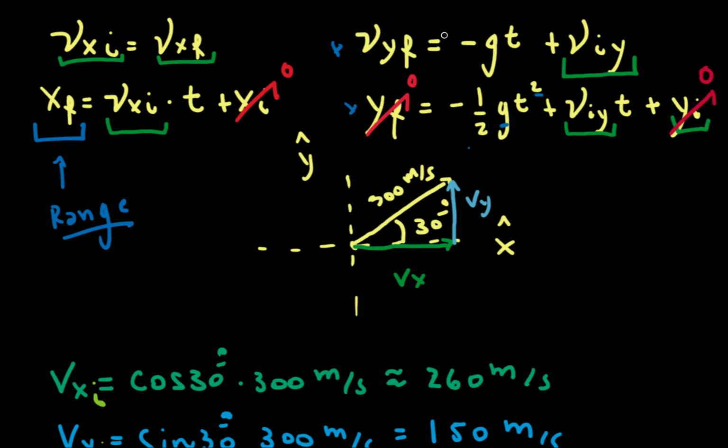So I will argue that we also have this in purple. And how would this help me if I had this? Well, if you had this and you have this, you can figure out time. Once you can figure out time, you can use it back in this equation to figure out x final.